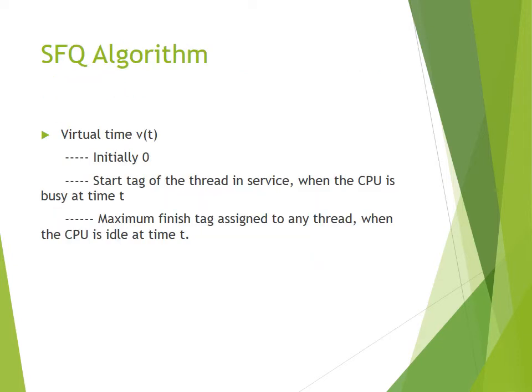I think there are three equations that are very important and unique in this algorithm. Firstly, the author defines a virtual time v(t). It's initially 0, and it's the start tag of the thread in service when the CPU is busy at time t, and the maximum finish tag when the CPU is idle at time t.